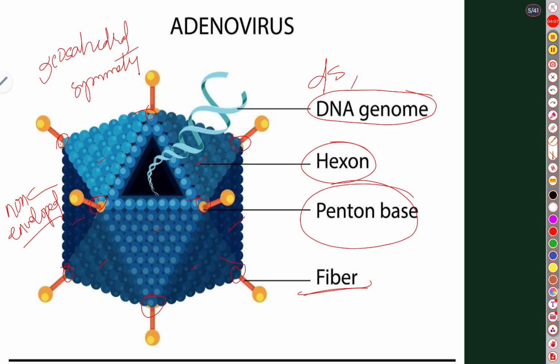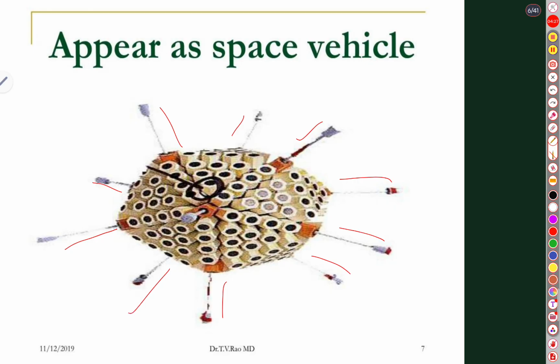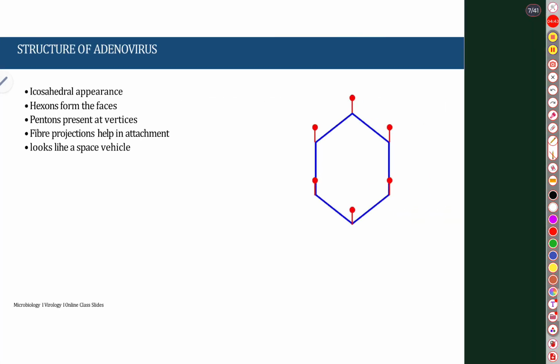Okay, so that is the general introduction. Here, look, these fibers projecting from the apex, along with the hexon and the penton base, all together provide the adenovirus a special type of structure, which we call the structure of a space vehicle. It gives the appearance of a space vehicle. Okay, done. Look, here it is written also. Structure of adenovirus: icosahedral appearance, hexons form the faces, pentons present at the vertices, as I have already mentioned previously.